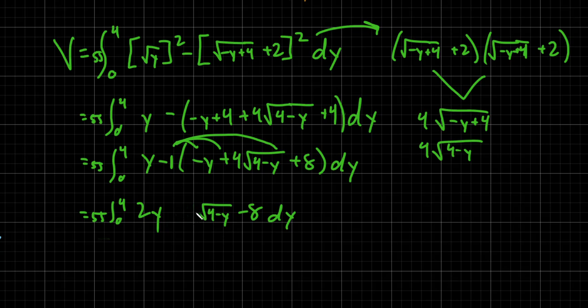Did everybody catch what just happened? On the FOIL, if you FOIL it out, are you going to get plus 4 square root of 4 minus y or minus? We have 2 root plus 2 root. It's a plus, right?